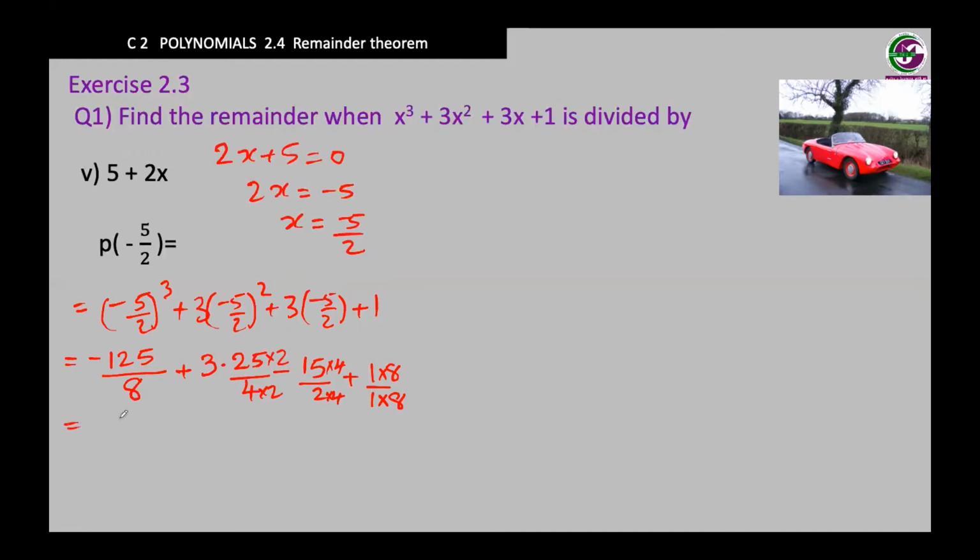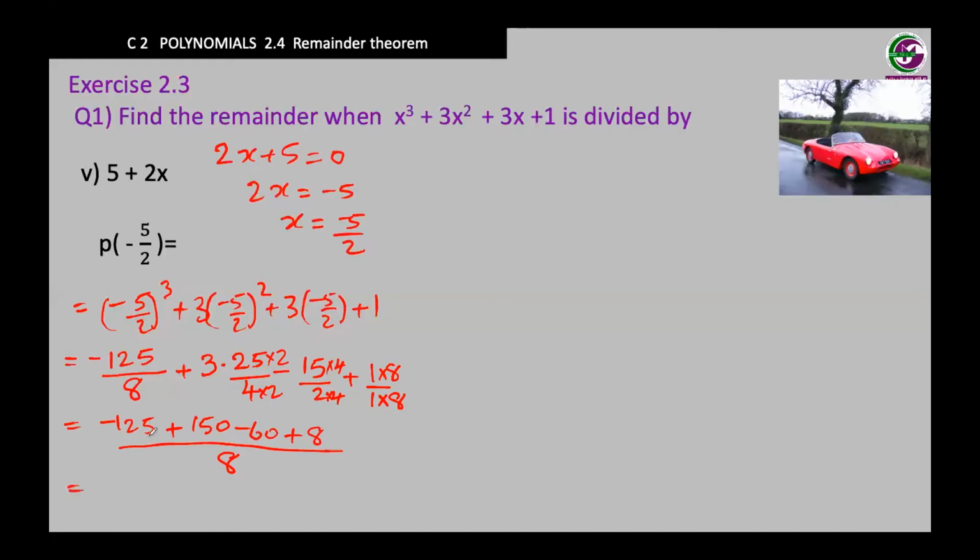So the whole expression changes to be negative 125. The whole denominator will be 8 plus 75 times 2 is 150 minus 60 plus 8.